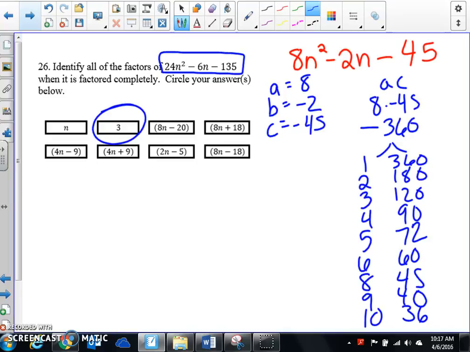I think I can keep going, but let's see if any of these will give me a negative 2 from the get-go. Nope, I have to keep going. All right, so 11 doesn't work. 12, yes. What is that? 12, 30. 13, I don't know. Does 14 work? No. 15.